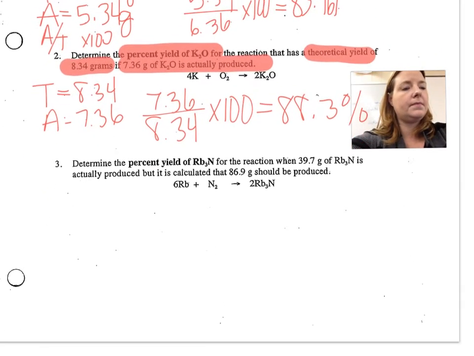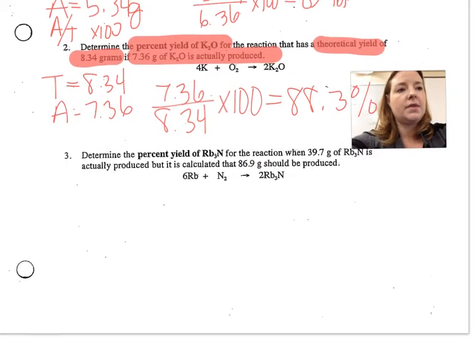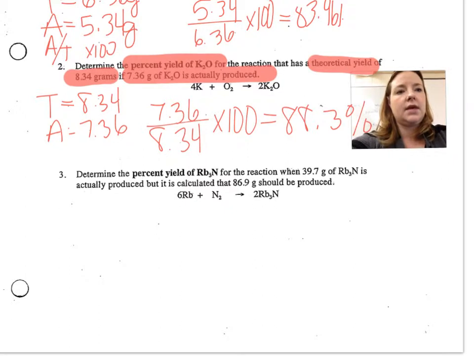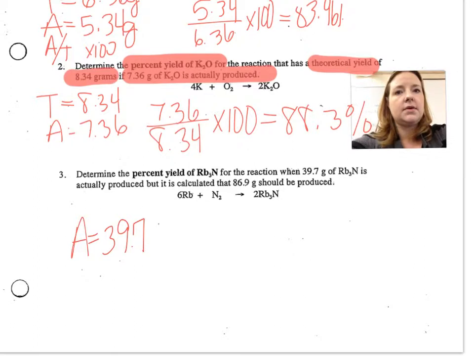Next one, slide this up. On our next one, it says to determine the percent yield, and we get a reaction where our actual is 39.7, and that is right here. It's actually produced, and then should get 86.9.